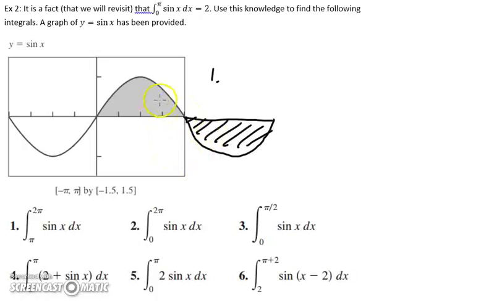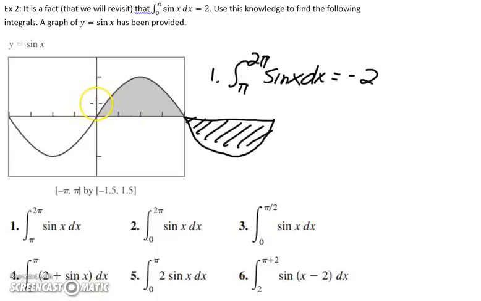Knowing that the graph of sine is symmetric, we would know that this stuff has an area of 2. So the integral from pi to 2 pi of sine of x dx, we would think is 2. But here's where things get a little weird. Since we are below the x-axis, this is not going to be 2, it's going to be -2.